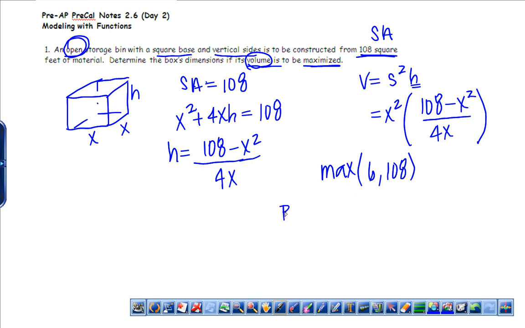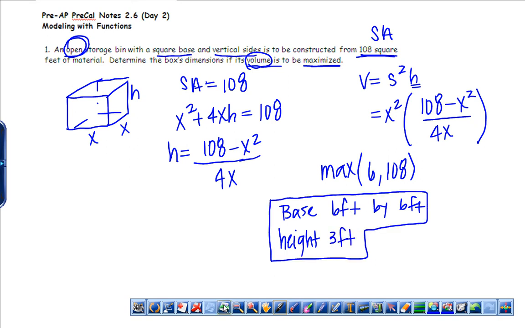That is going to be your base of 6 and 6. So I've got 6 feet by 6 feet. And in order to get a surface area of 108, then our height is going to have to be 3 feet.